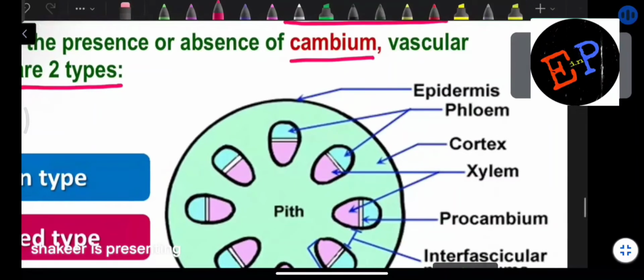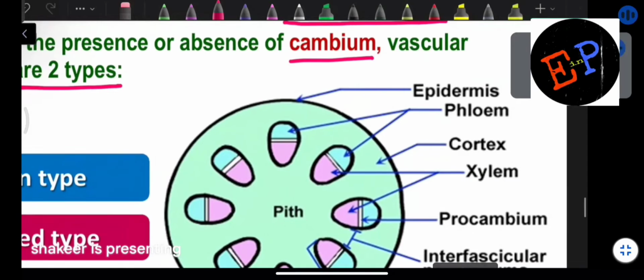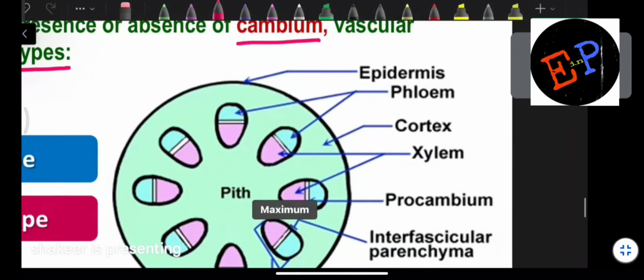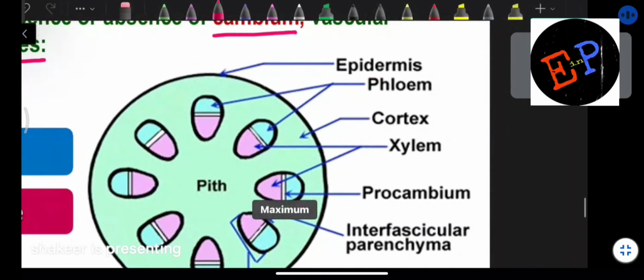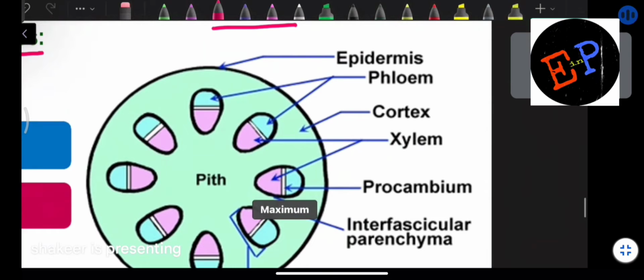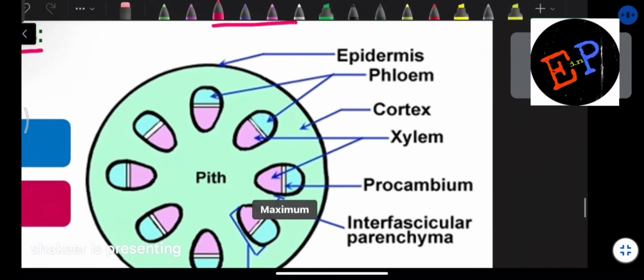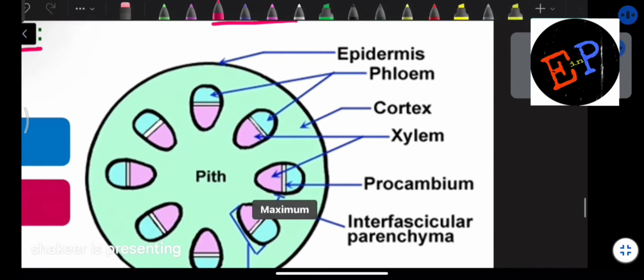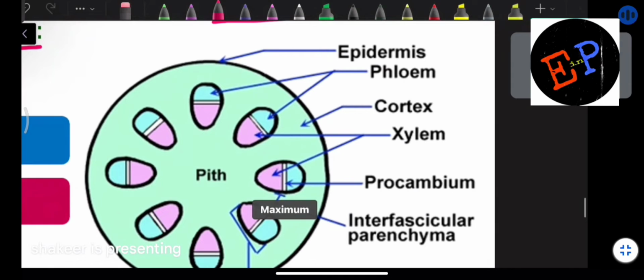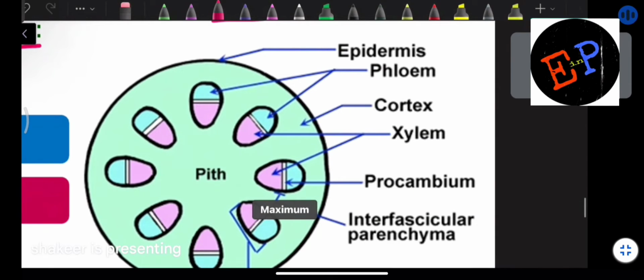Now see in the figure he is seeing here. See, ma, this is the structure which is given. You are able to see the pith, no? Pith you are able to see, which is at the middle. Then you are able to see the outermost structure which is called epidermis. Clear? Then you are able to see a blue color region which is called phloem. Then the surrounding layer is called cortex, and you are able to see a pink color region which is called xylem. And in between that phloem and xylem, you are seeing a separation, no, ma?